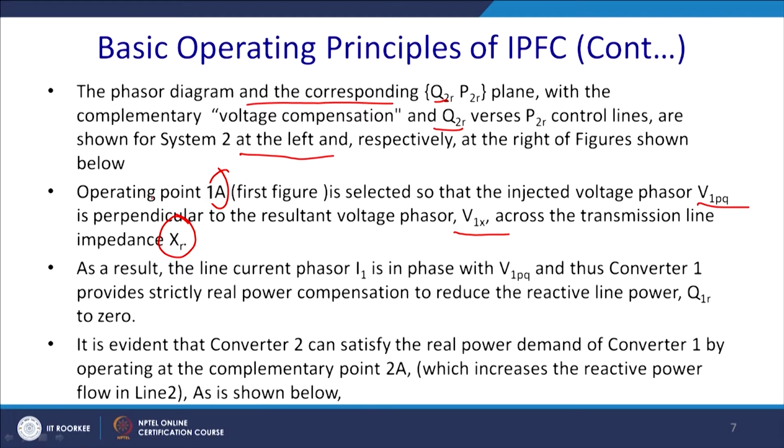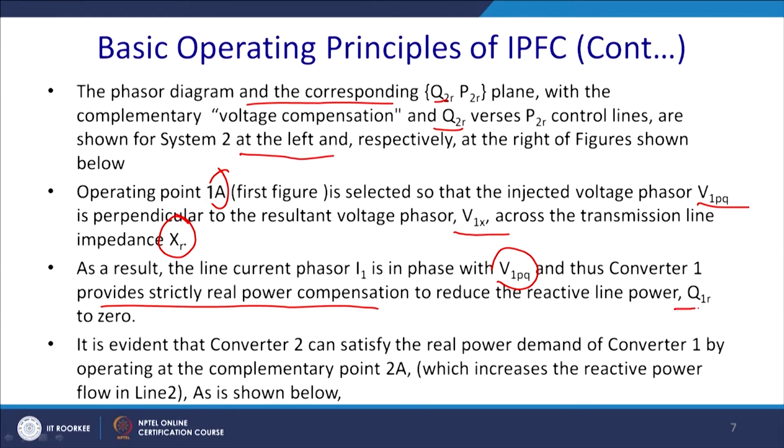As a result, the line current phasor I1 is in phase with V1 PQ, and thus converter 1 provides strictly real power. Please note that to provide strictly real power compensation, the reactive power of line Q1 is reduced to 0. So, this is the way of operating.